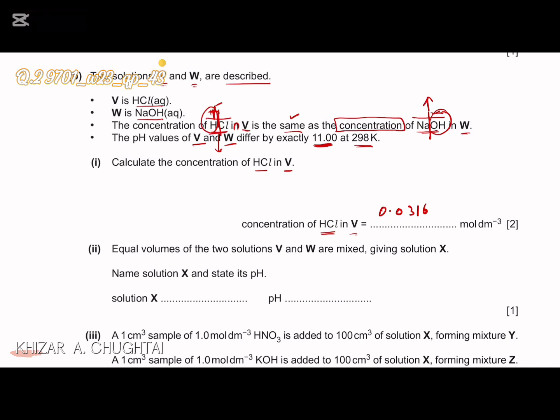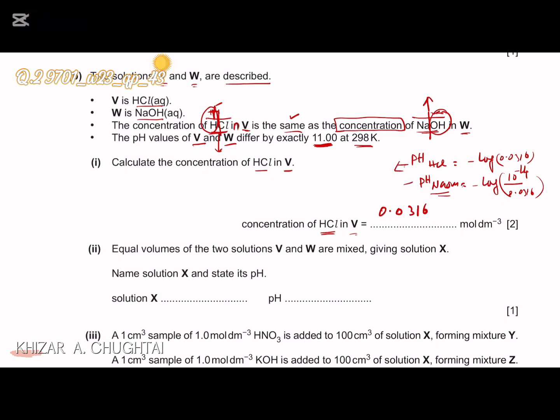Now, if you want to find the pH of HCl, or the pH of NaOH exactly, then again you can use minus log of 0.0316, and here will be the pH, and for the pH of NaOH, you will use minus log of 10 raised to power minus 14 divided by 0.0316.